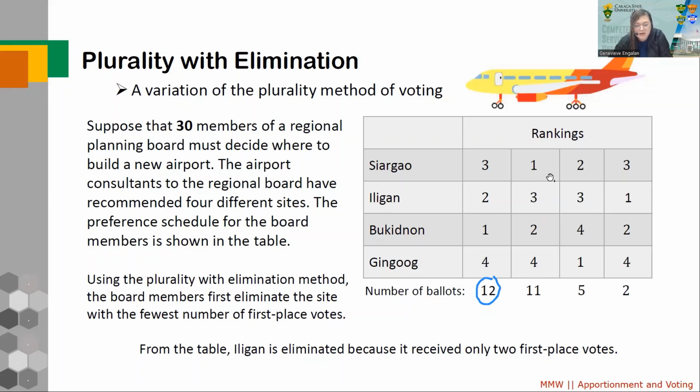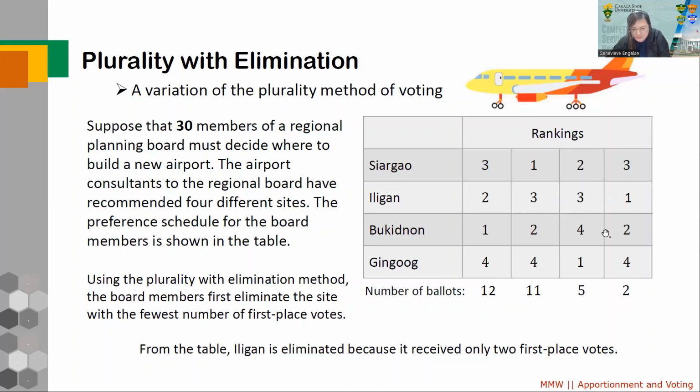First si Siargao, third si Iligan, second si Bukidnon, fourth si Hingoog, and so on. Pasabot mo aning mga number of ballots, class? Again, pasabot ana kanang 12 ka buok pareha sila ilahang pagka-rank. Kining 11 ka buok pareha pud ilang pagka-rank. Kining 5 ka buok pareha ilang pagka-rank ingon ani, and kining 2 ka buok pareha ilang pagka-rank.